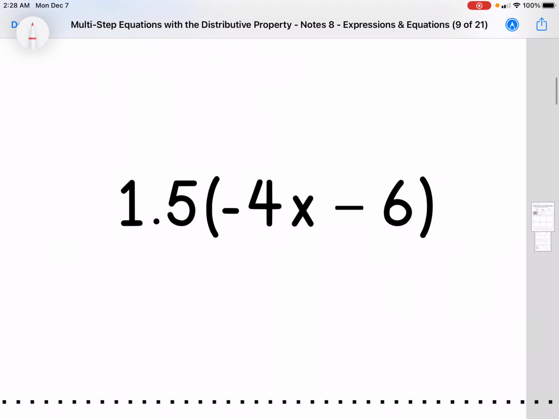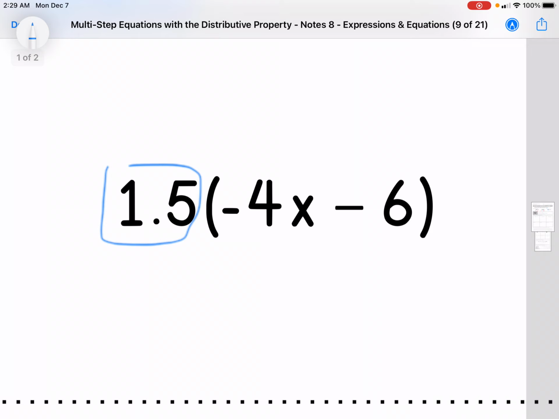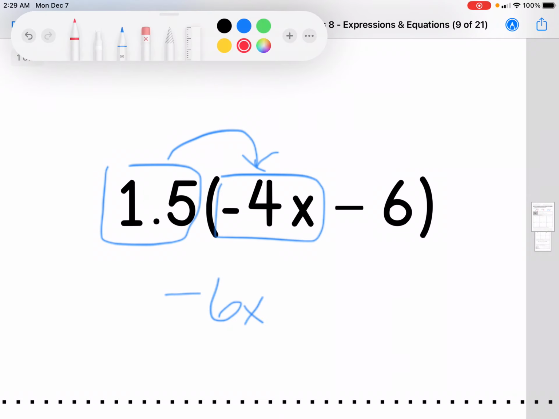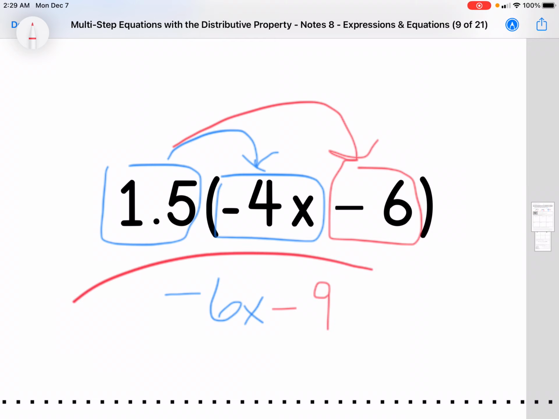And the last example is going to be 1.5 times negative 4x. That is going to be negative 6x. 1.5 times negative 6. That is going to be negative 9. That is all you can do in that particular problem.